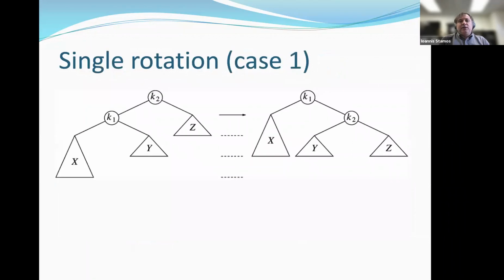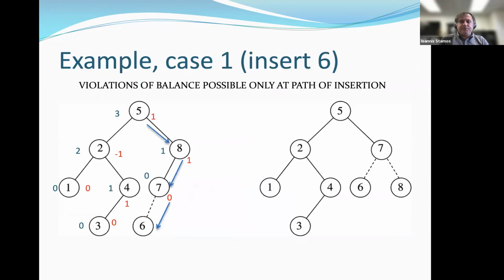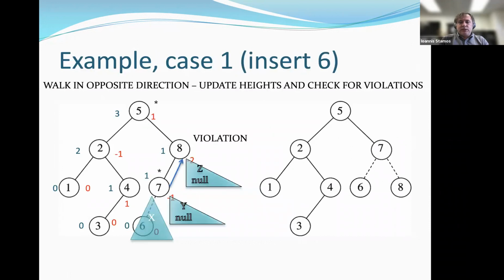In this case 8 is K2. 7 is K1, right? The X contains only 6, and Y and Z are null. So what do you do? You just reverse the order. 7 goes up, 8 goes to the right.